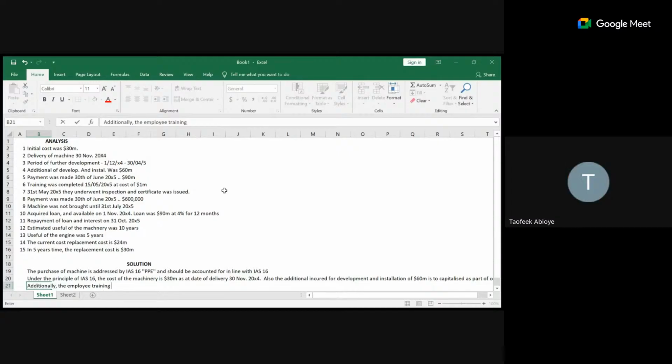So the employee training cost of 1 million should also be capitalized as part of the cost of the assets.